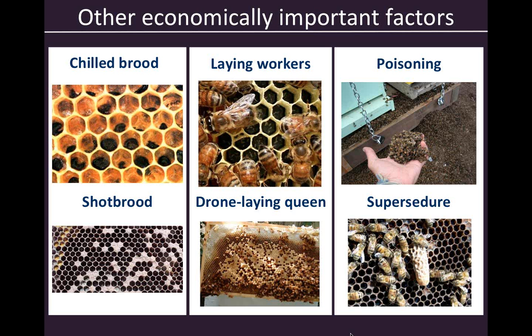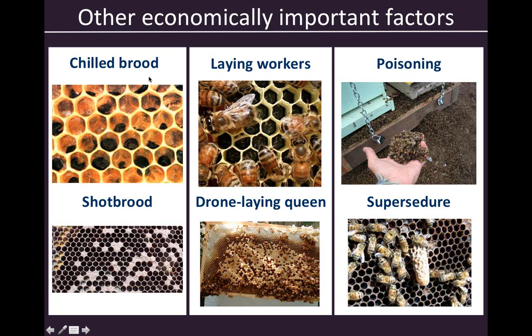We also have other factors that are not due to pathogens, pests, or other animals, but they're still a big problem. In areas where there's very harsh winters, we have issues with chilled brood.